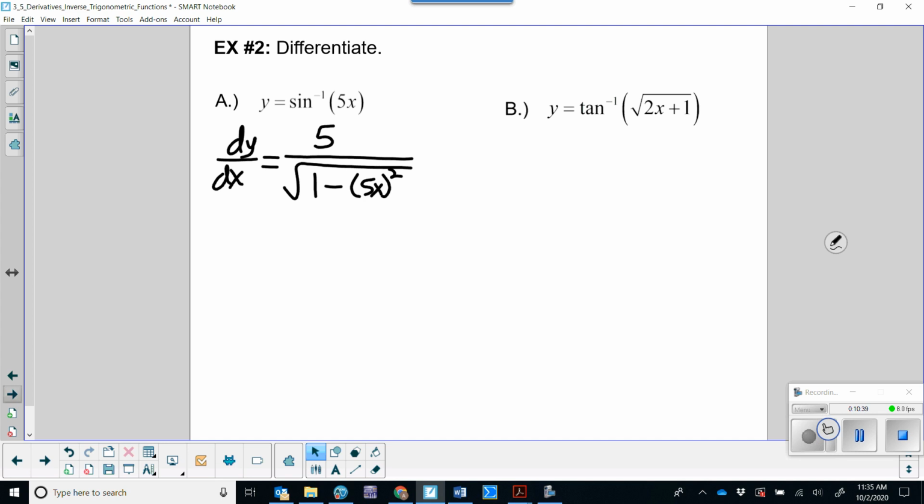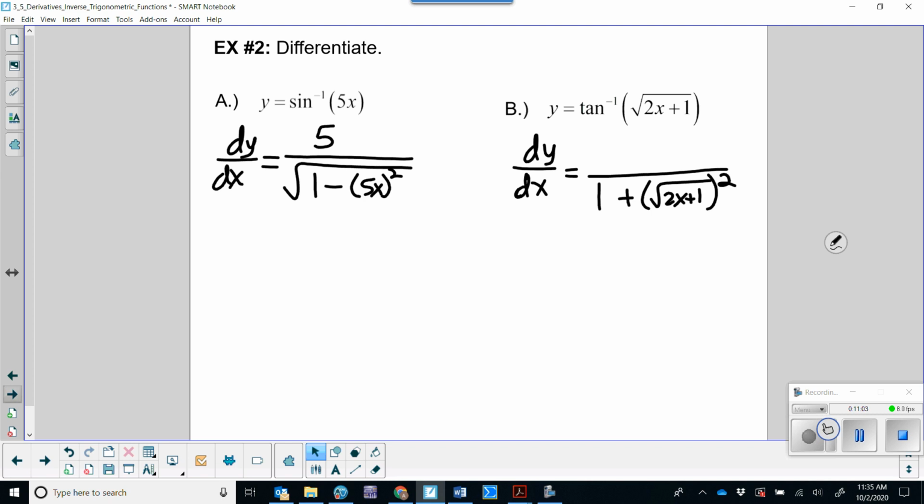Tangent inverse formula is, now it's always derivative of the inside. We always have to do that because the inside is not this variable right here. So if it's not plain x, I have to do that. The general format for tangent is 1 plus whatever's inside squared.